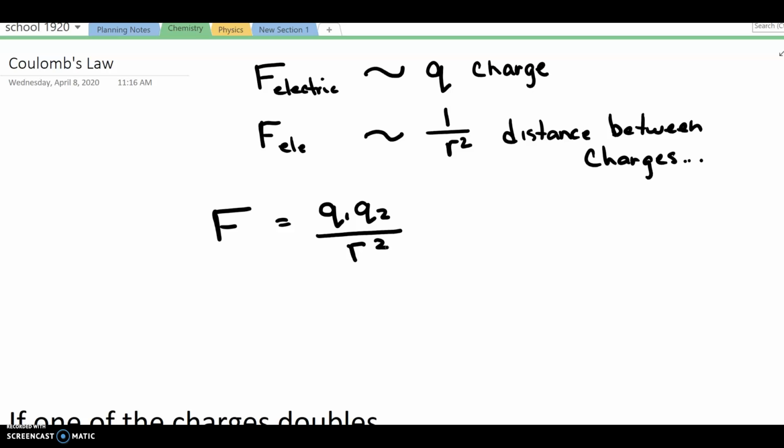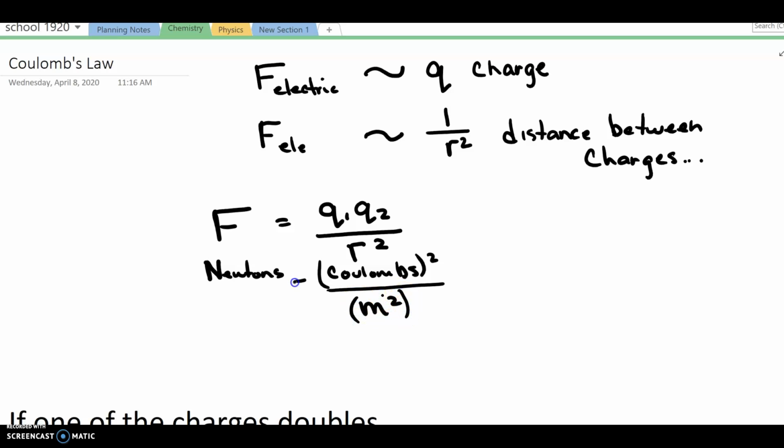That would not work out mathematically when we take our standard units of force in newtons, charge in coulombs, and there are two of them, so that would be squared, over meters squared for distance.